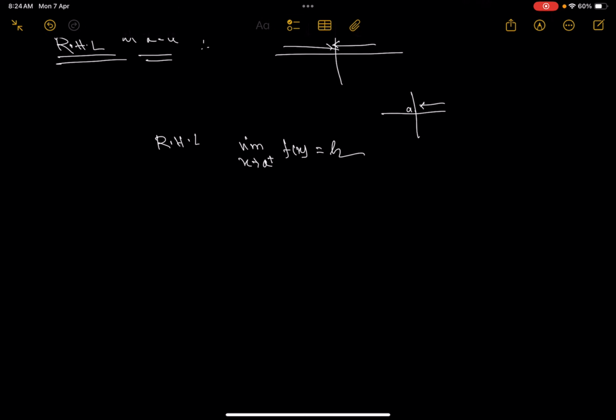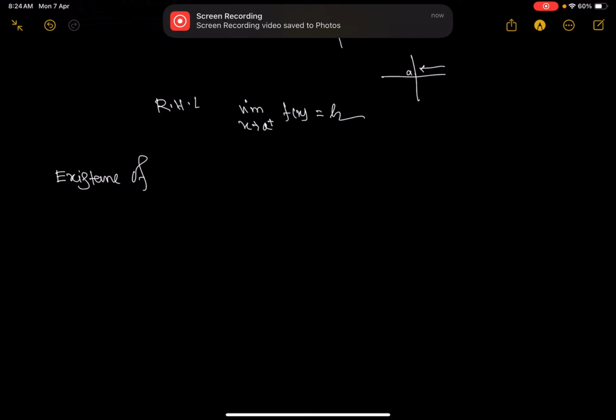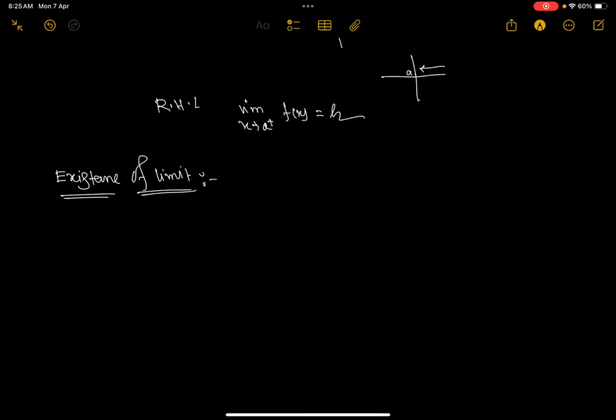Then we talk about the existence of limit. The most important thing in limit is the existence of limit.